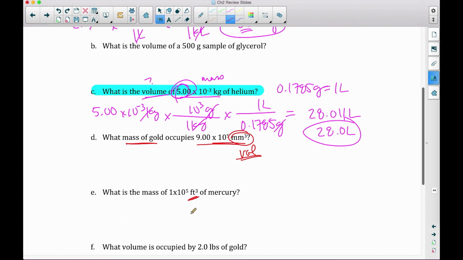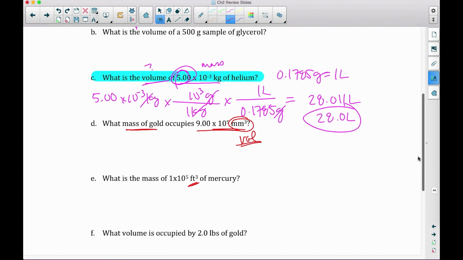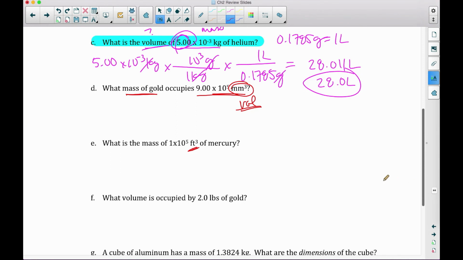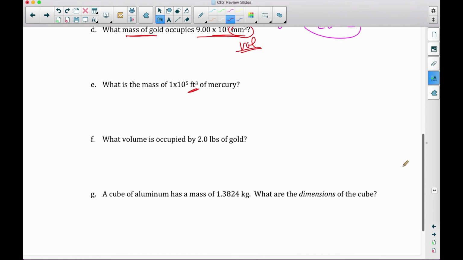Same thing here, that's a volume. So you need to convert and cube all your conversion factors, but only the volume ones. You're not going to cube the density conversion factor, for example. That doesn't make sense. Okay, so that's just a few practice problems so you can see them worked again and hear the explanation as you're working.